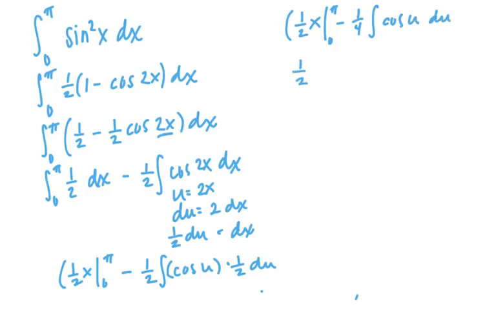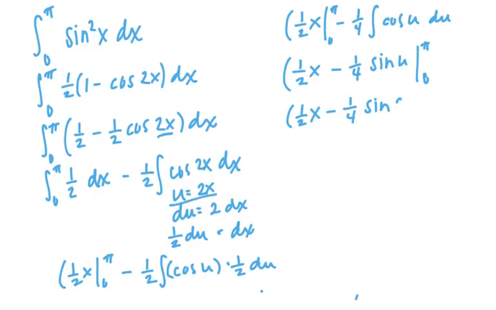The integration of cosine of u is sine of u from 0 to pi. Some of you change bounds. That's okay. Just be careful on the terms that you do and the terms that you don't. Minus 1/4, and then sine of u is sine of 2x from 0 to pi.